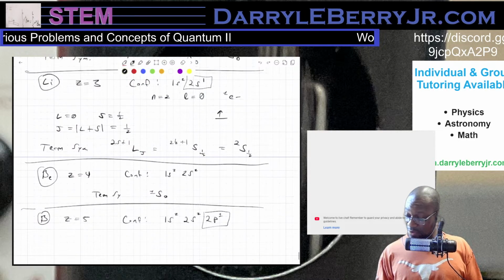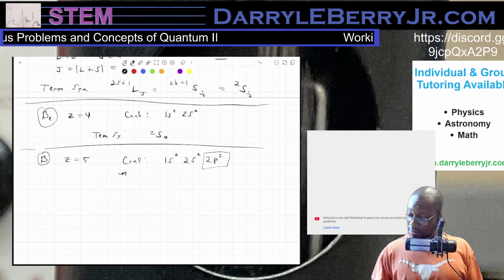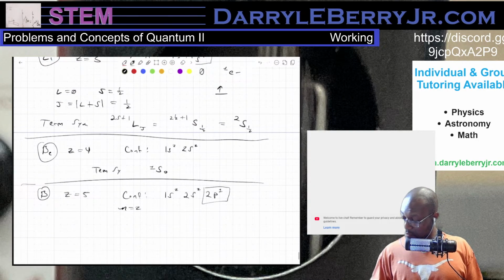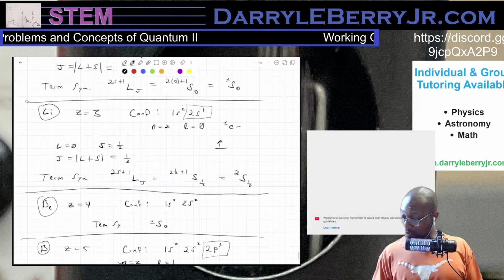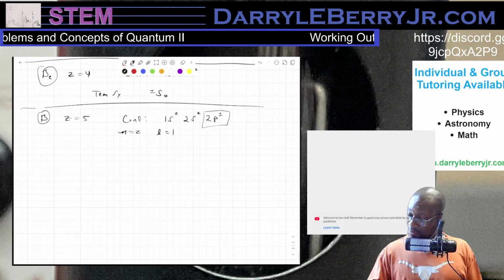So doing the same process, n seems to equal 2 for that level. L equals 1. Here's a 1L, and superscript 1 means there's 1 electron.